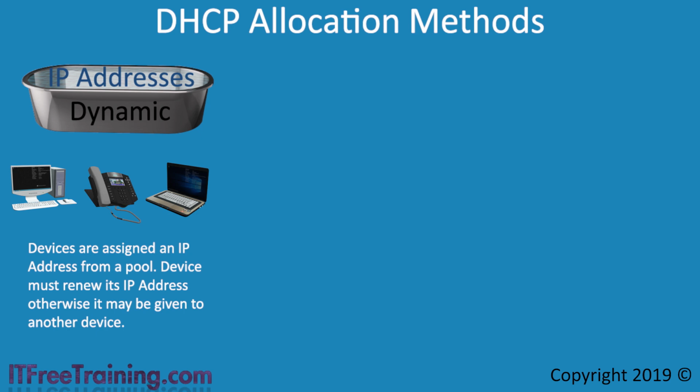Dynamic allocation allows devices to come and go from the network. If you consider a free wireless hotspot, for example in a cafe, you want to have the ability to allow any device to connect to it. If the device is disconnected for a short period of time, for example an hour or so, you want the device to be able to continue to use the same IP address.